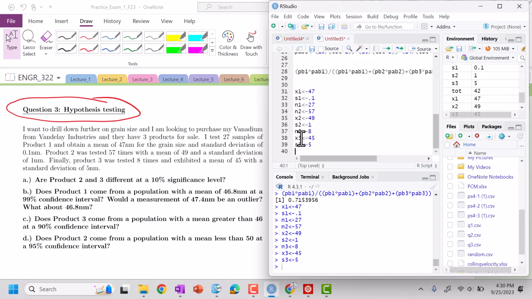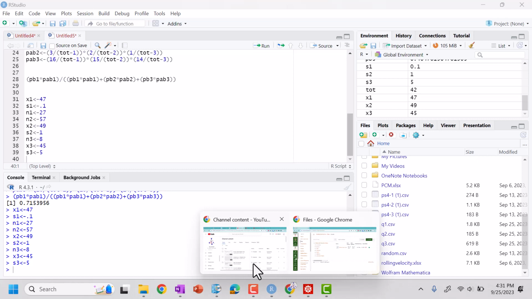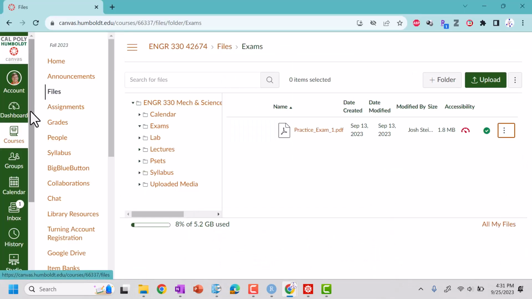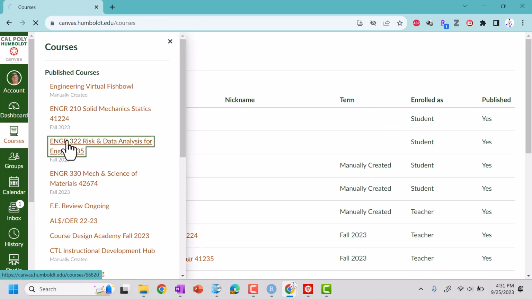Now we are asked, are product 2 and 3 different at a 10% significance level? So here we're actually comparing products directly. So this is the point now where I am going to go into Canvas. I'm going to find our course.